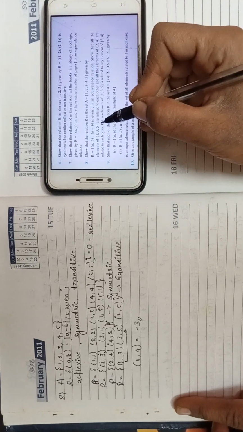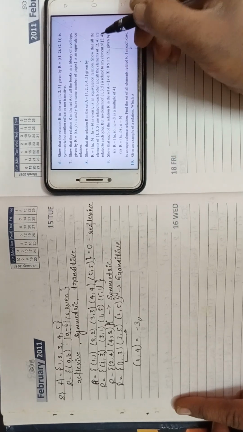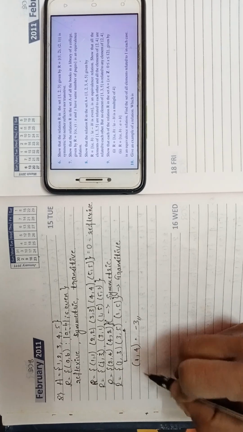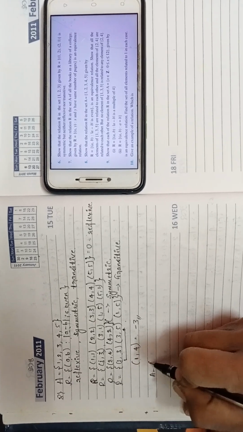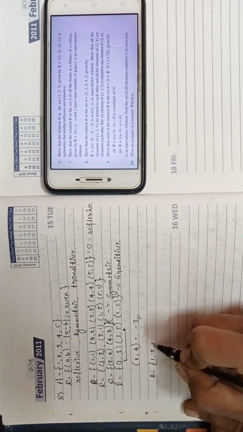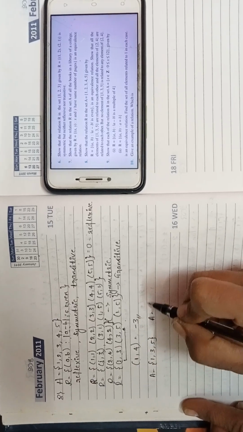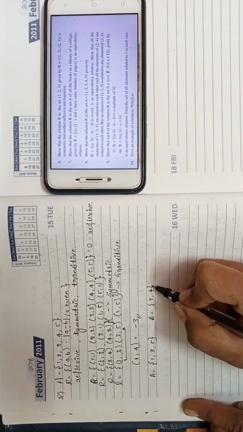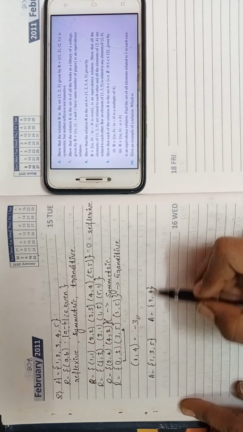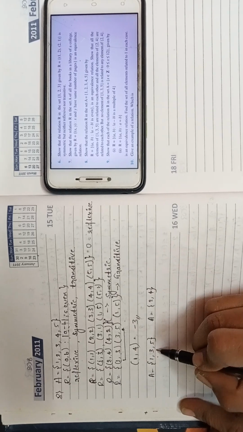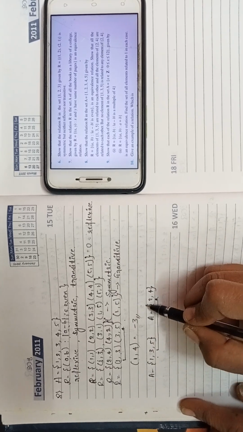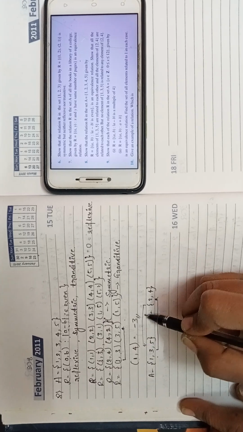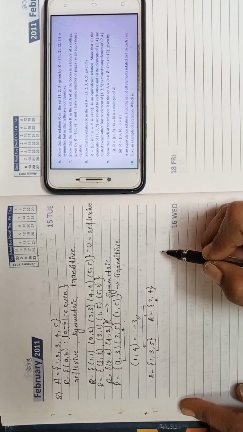Because this is the set of odd numbers and this is the set of even numbers. So there will be two sets. One is {1, 3, 5} and one more will be {2, 4}. So none of the elements of this set belongs to the other set. Let me take this as A dash.